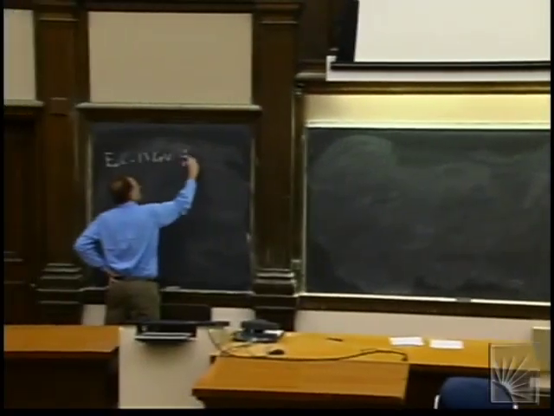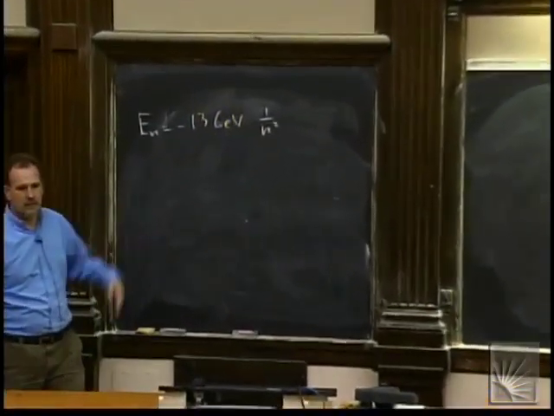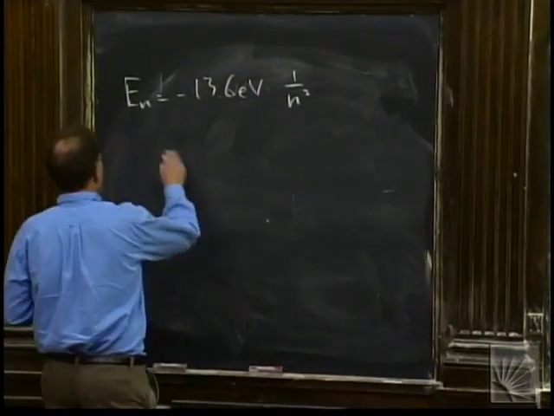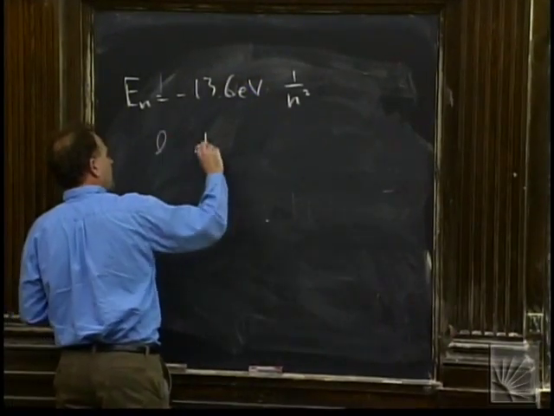One thing that happens is, what were the energy levels? The energy levels were minus 13.6 eV times 1 over n squared, with n getting bigger. And what was remarkable about that is L didn't matter.